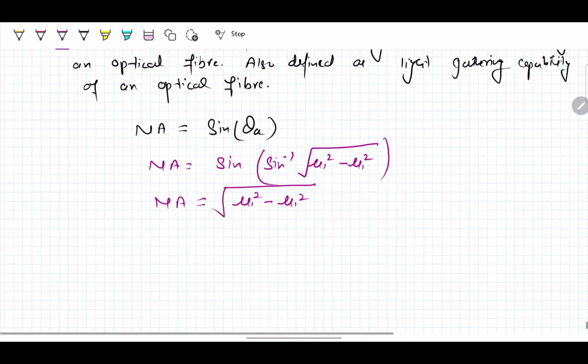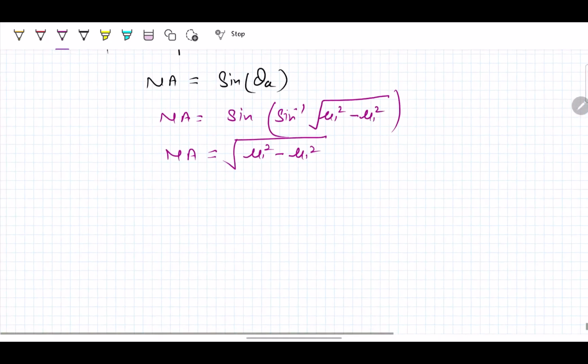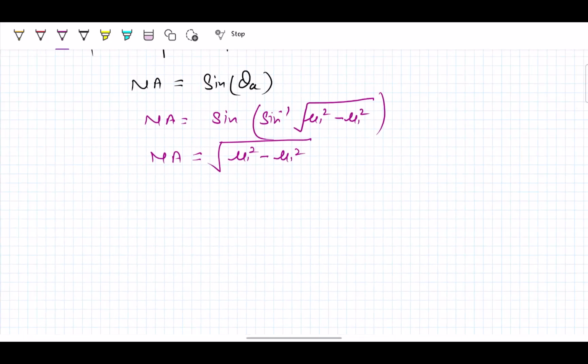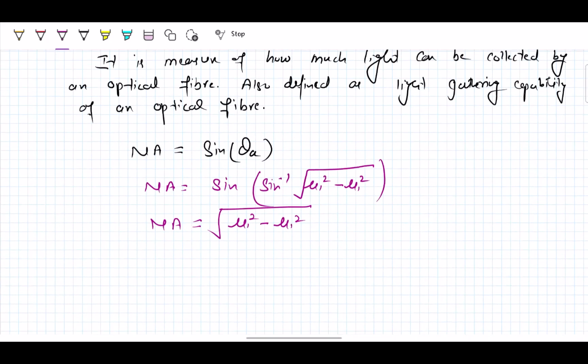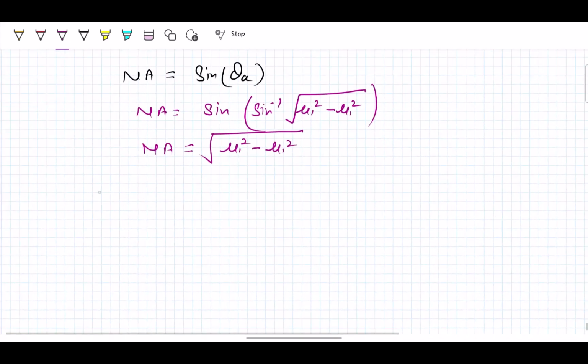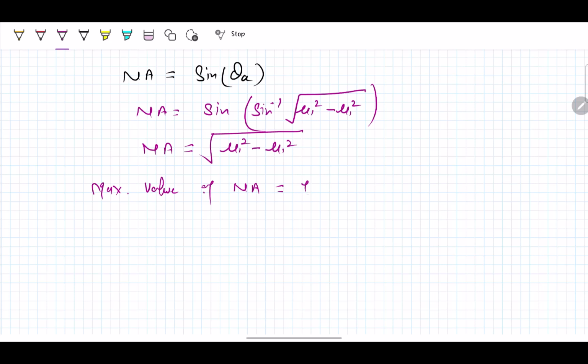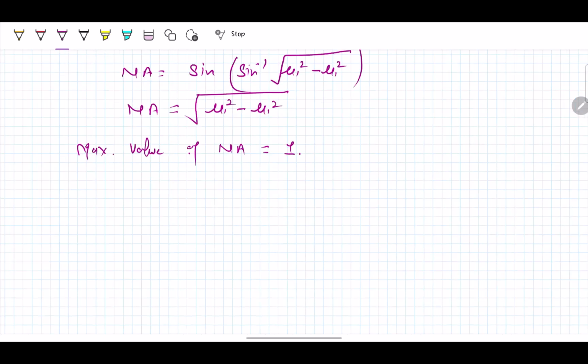Okay, so this is the value of numerical aperture. Now, as we are defining numerical aperture as the sine of acceptance angle, the maximum value of numerical aperture is 1.